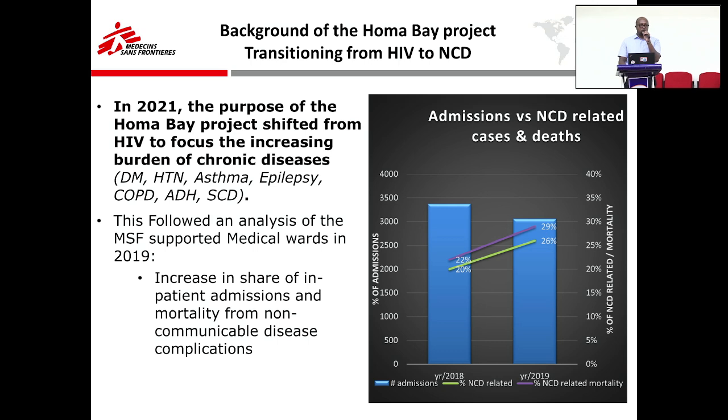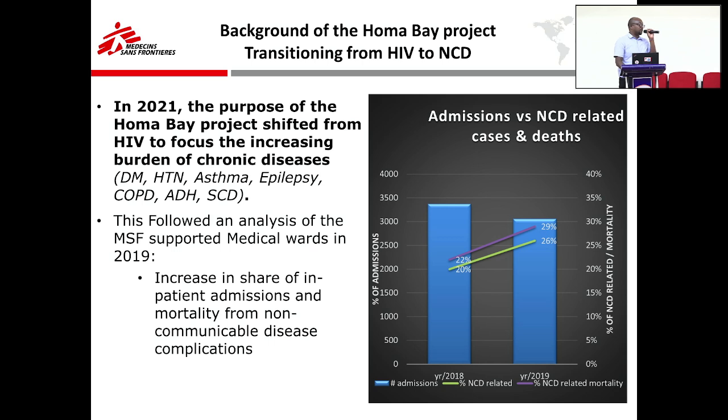Yesterday I took you through the statement of the problem, which you can see that in 2018 the mortality was 22%, but in 2019 it was 29%. And also you can see that is for NCD related conditions.